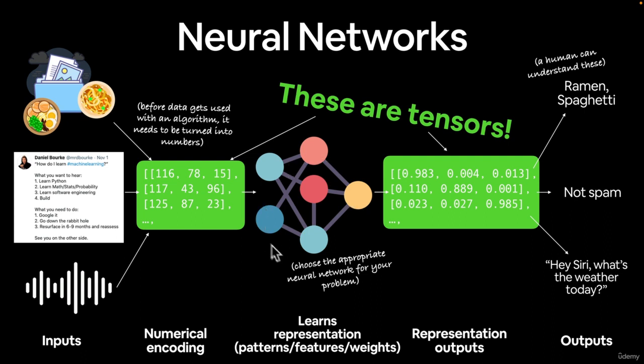So we'll be writing code to execute some kind of mathematical operations on these tensors. And then the neural network that we create, or the one that's already been created but we just use for our problem, will output another tensor similar to the input but has been manipulated in a certain way that we've sort of programmed it to. And then we can take this output tensor and change it into something that a human can understand.